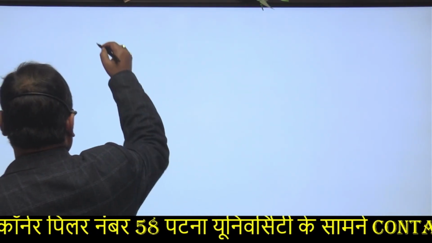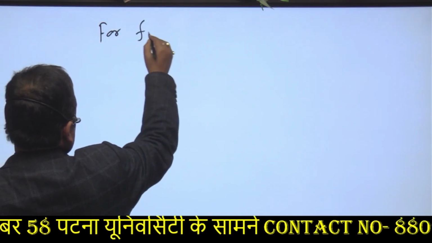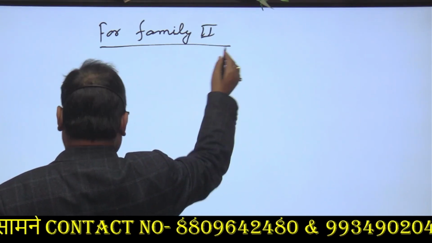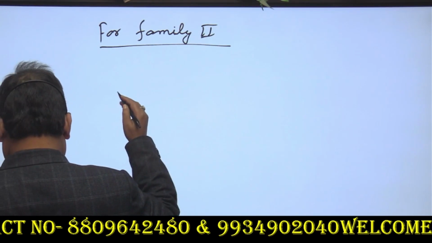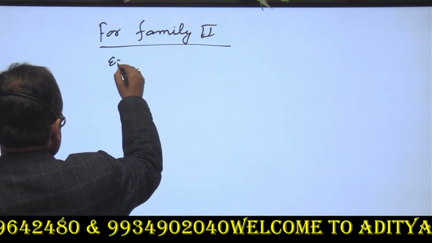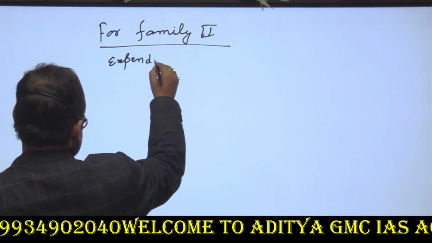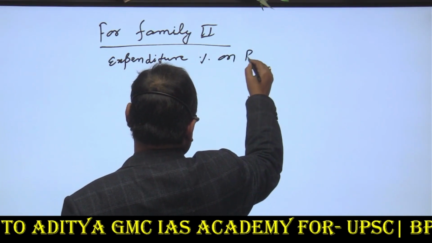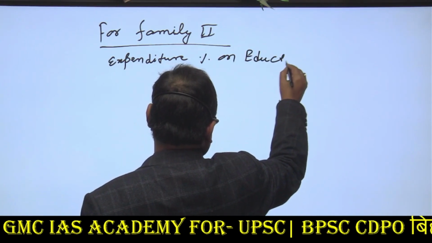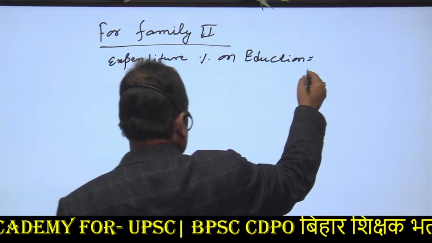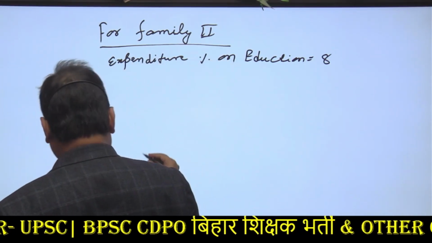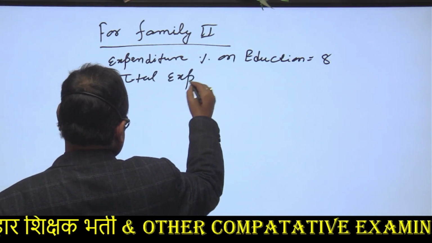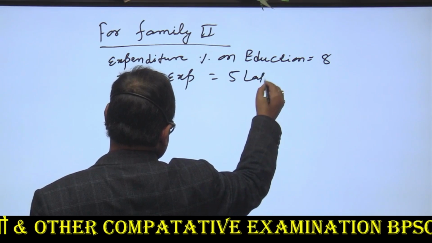Similarly, for family second, expenditure percent on education equals 8. Total expenditure equals 5 lakhs.